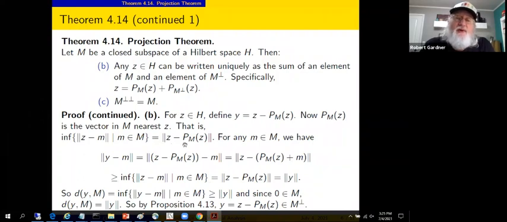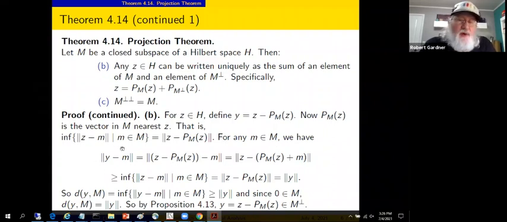The infimum of this quantity here is the norm of Z minus the projection onto M of Z, and that vector there was by definition Y. We introduced Y to denote that. So what we've got here is that the norm of Y minus m is greater than or equal to the norm of Y itself, where m was an arbitrary element of capital M, the subspace.